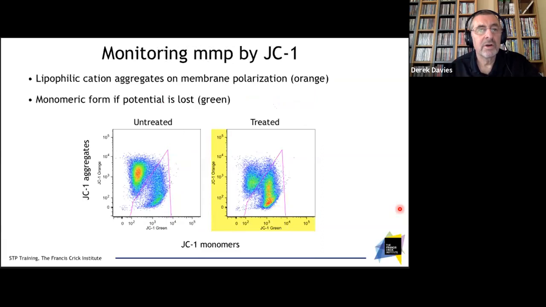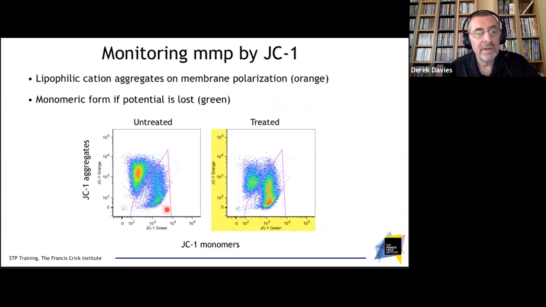I just wanted to show a slide using the dye JC1, which again is another quite popular way of looking for mitochondrial membrane changes. As I said, JC1 is a metachromatic dye. So in active mitochondria, the dye aggregates in the mitochondria and we get an orange emission from the JC1 aggregates. When cells enter apoptosis, we don't get that mitochondrial membrane potential.